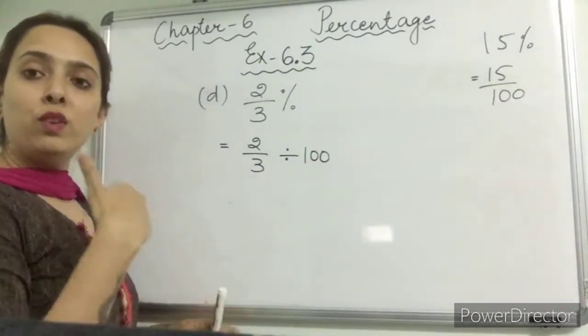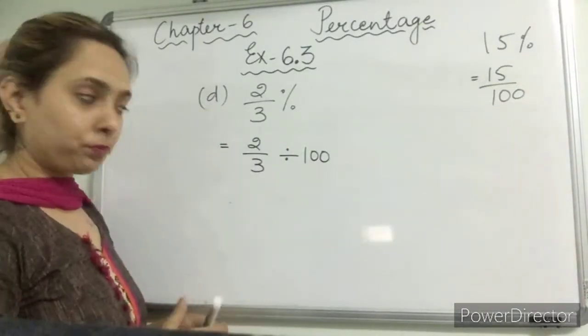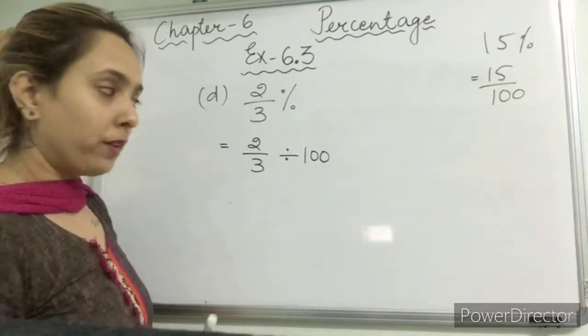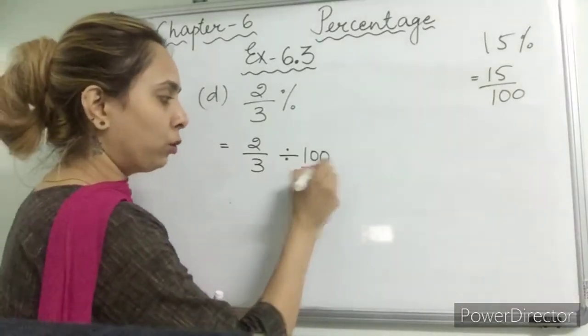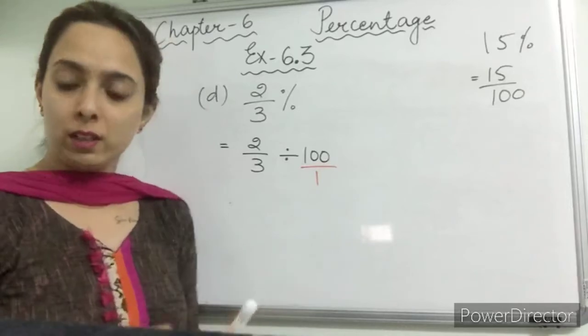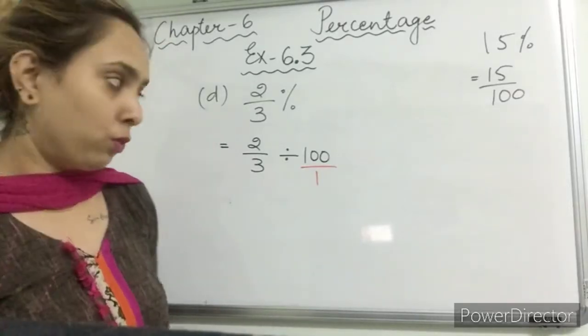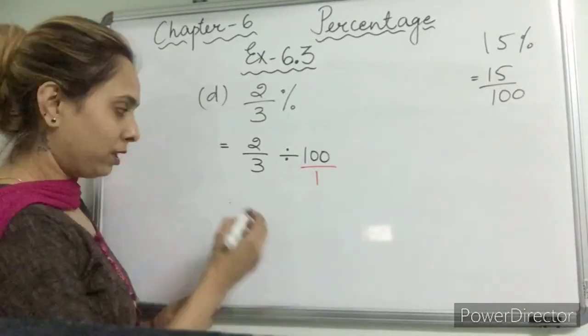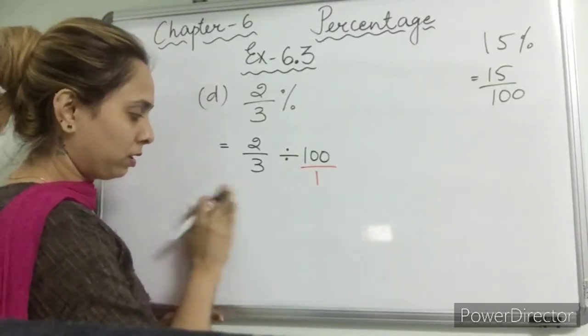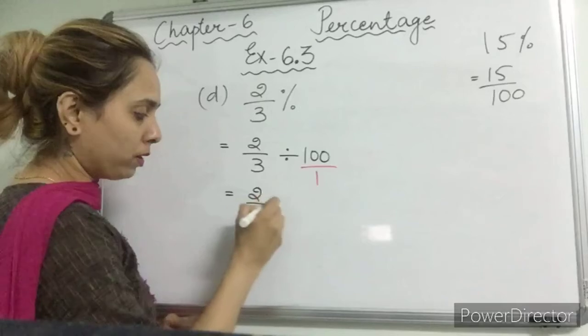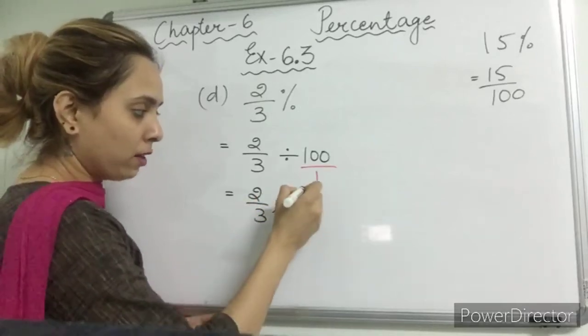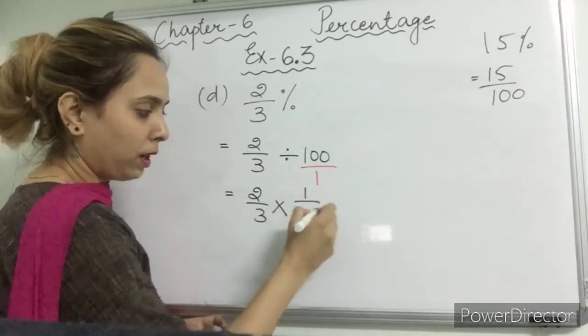Now we will convert the sign of division into multiplication, as we all know that we cannot divide fractions directly. So reciprocal: 2 upon 3 multiply 1 upon 100.